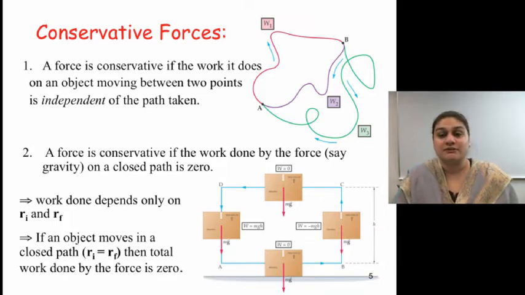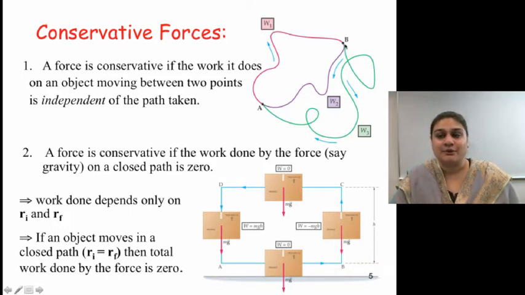So let's consider the first case. Let's say I want to move something from point A to point B, or from point B to point A. There are multiple paths I could take. For example, I could go this way to move from point A to point B, and that work will be work 1.